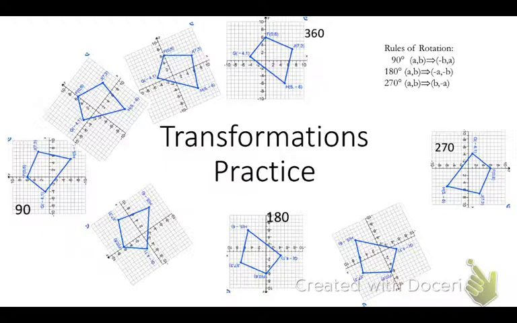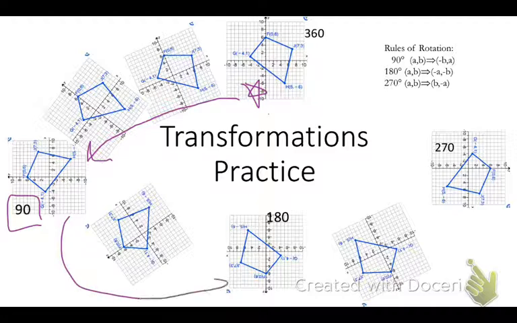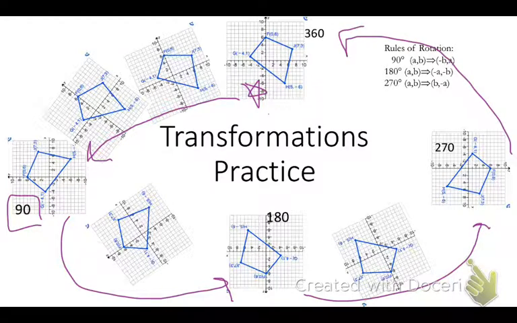So for example, if we start with this picture at the top, then as it's being rotated, we should be able to recognize, okay, this is a 90-degree rotation. If we rotate it 180 degrees, it would look like this picture. Or if we rotate it 270 degrees, or 360 degrees, you should be able to recognize how far it's been rotated.